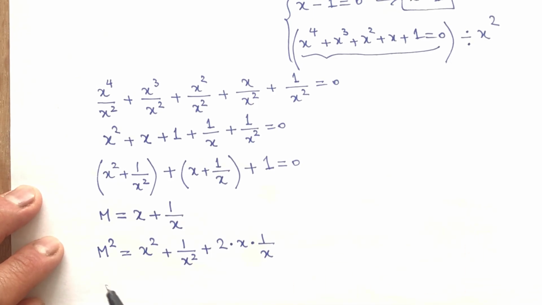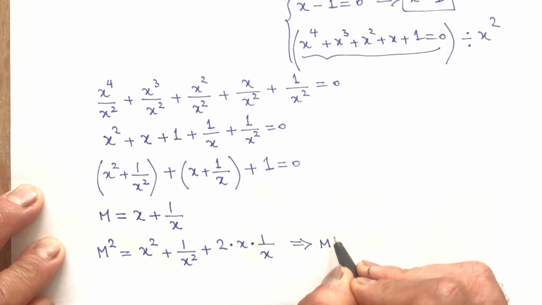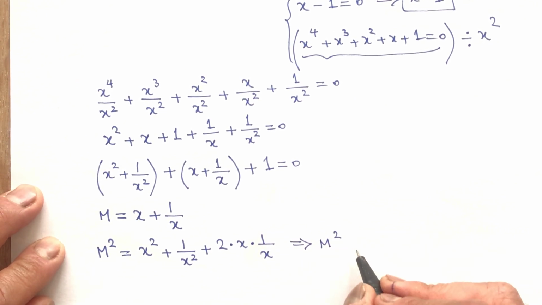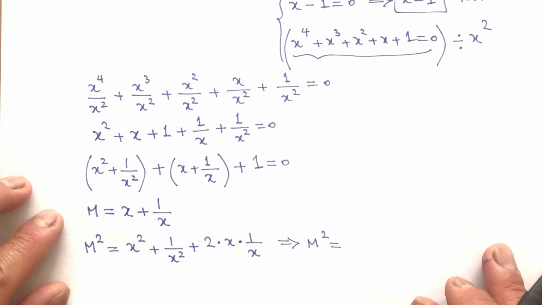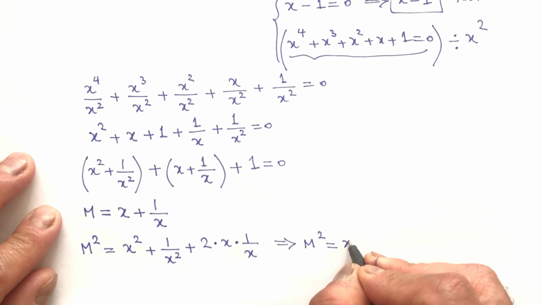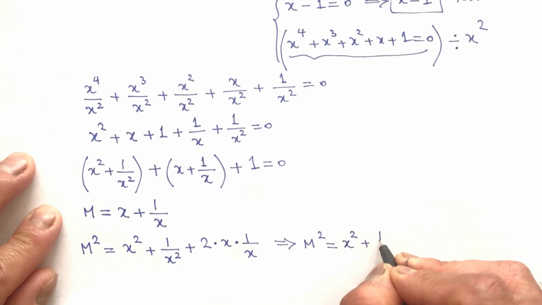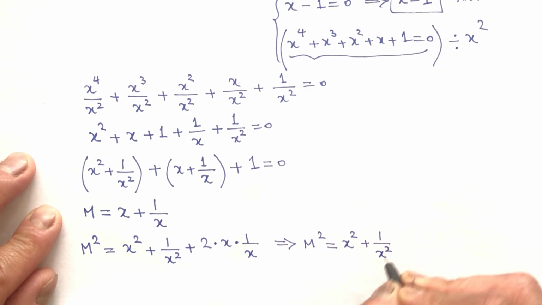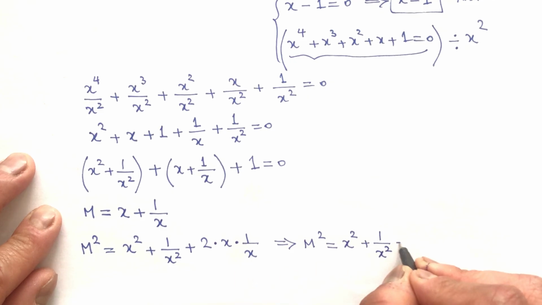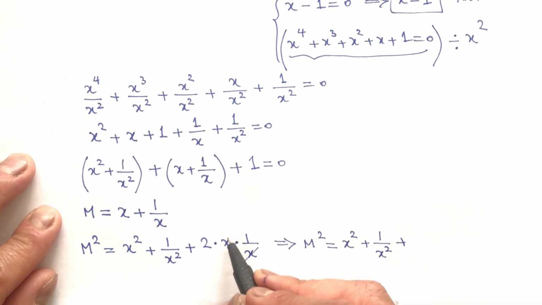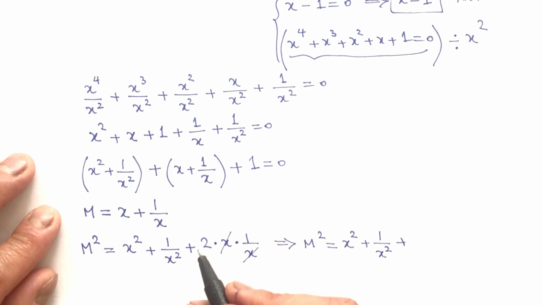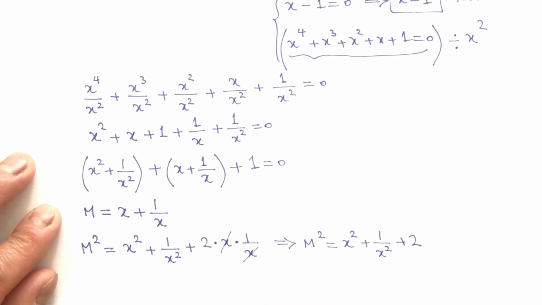For this equation, you can simplify it like m squared equals x squared plus 1 over x squared, plus you can see x and x here can be cancelled, so just 2 is here.